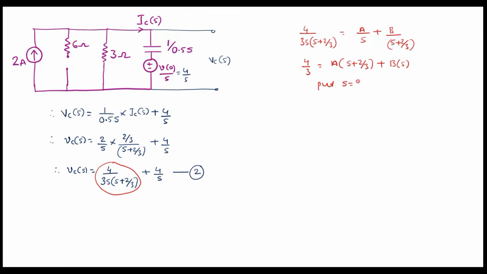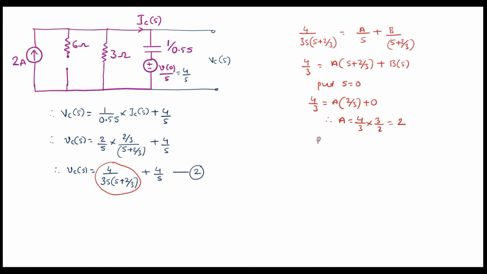Put s equal to 0. If you put s equal to 0 in this equation, we get 4 by 3 is equal to a into 2 by 3 plus 0. Therefore a is equal to 4 by 3 into 3 by 2, which is equal to 2.